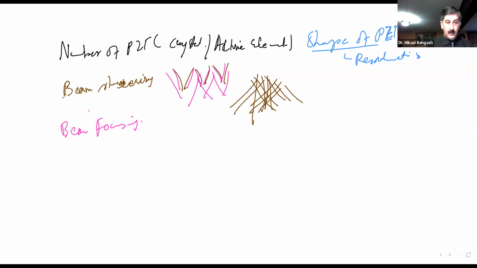Now it is very much related to the beam steering, that will actually indicate to us the image shape, or the shape of the images produced by individual types of transducers.